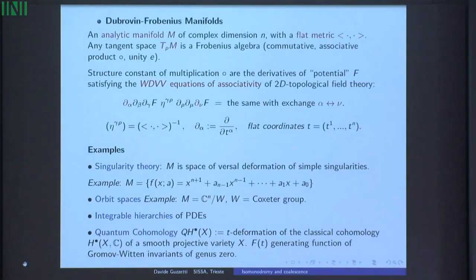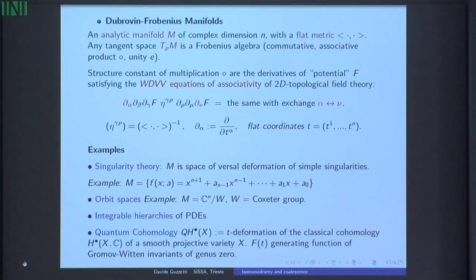The main motivation to study the system for us is that it is related to Frobenius manifolds. What are Frobenius manifolds? I'm not going to explain, of course, this is a very long story, but essentially Frobenius manifolds were introduced by Boris Dubrovin in order to give a geometric description of the WDVV equation of associativity in topological field theory.